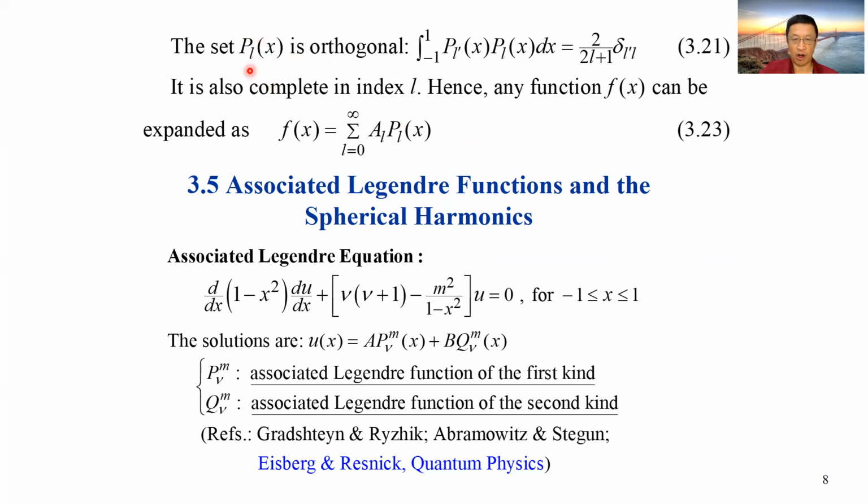The Legendre polynomial P_L is orthogonal, and it is a complete function set. So any well-behaved function can be expanded in a complete function set. Our purpose is to show you that.